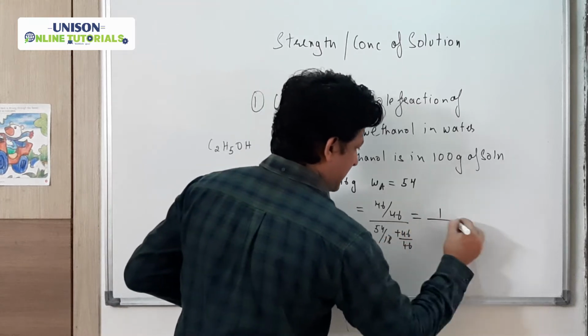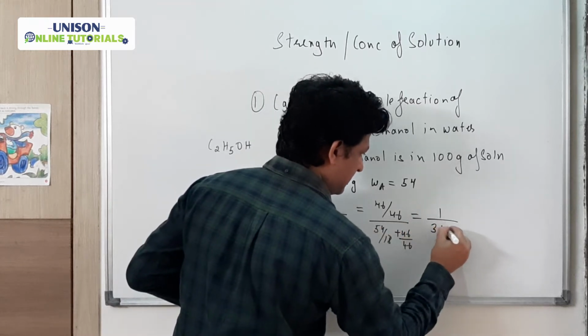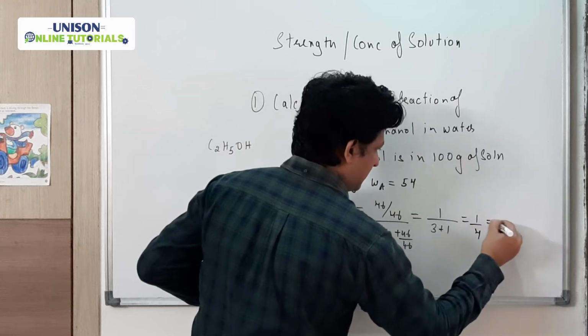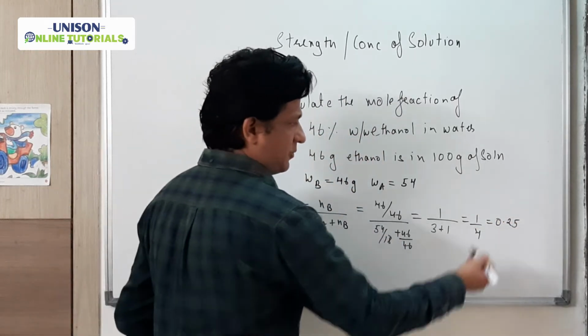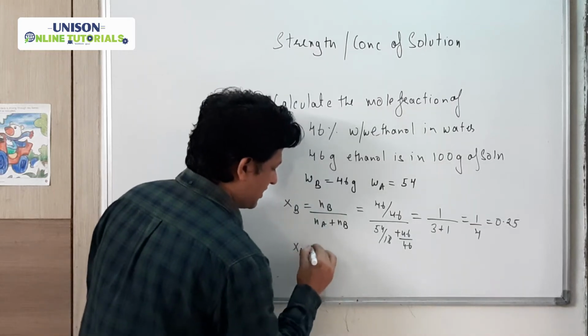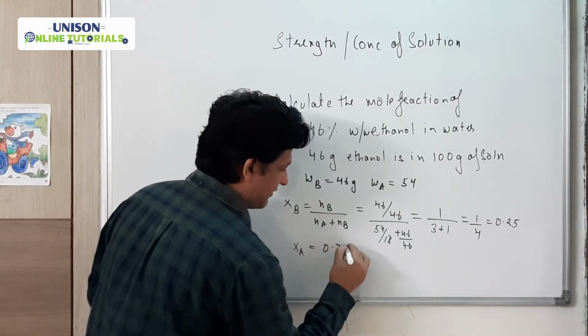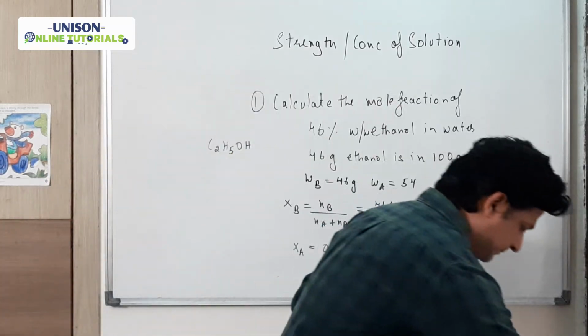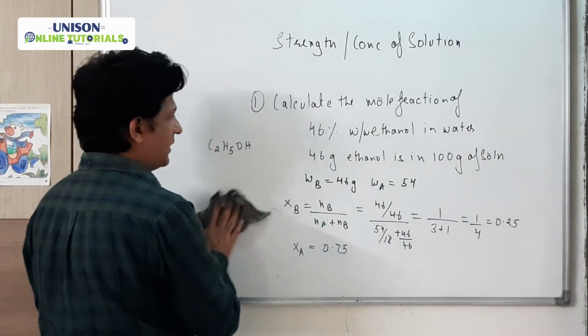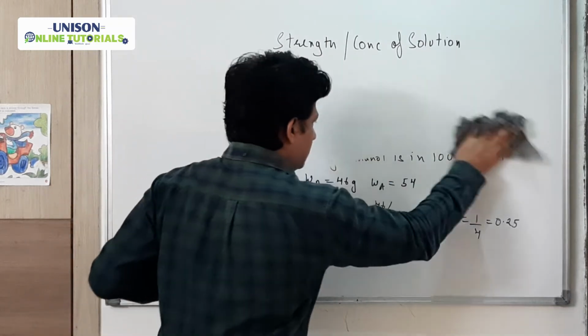So it comes out to be 1 by 4, comes out to be 0.25. If the mole fraction of ethanol is 0.25, what is the mole fraction of water? 0.75. So this was a question related to mole fraction.